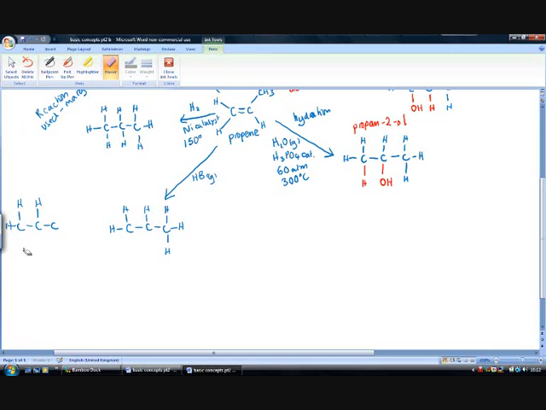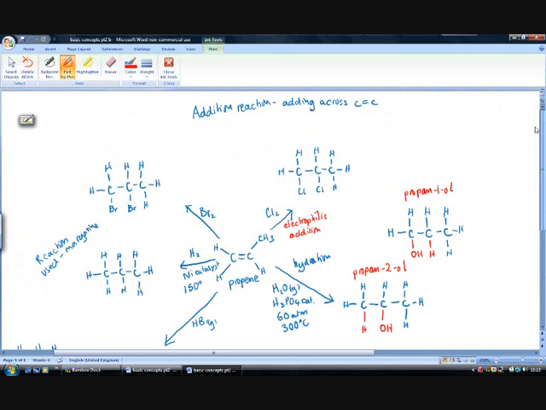Rub that out. Now the Br could add on to the first carbon or the second carbon, in this case the second carbon, or the first carbon like this one. So you end up with two products. You could end up with 2-bromopropane or 1-bromopropane. Now the important thing to remember with all this is that all the alkenes react in the same way. If the molecule's got a carbon-carbon double bond, these reactions will take place.